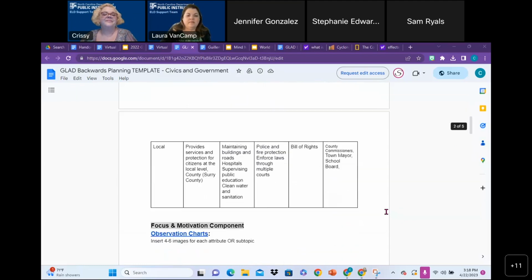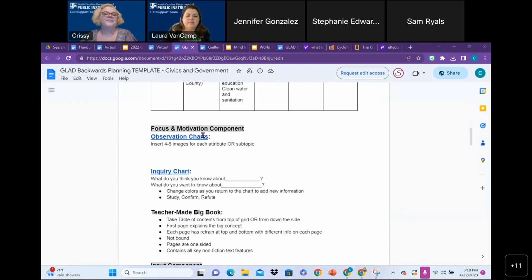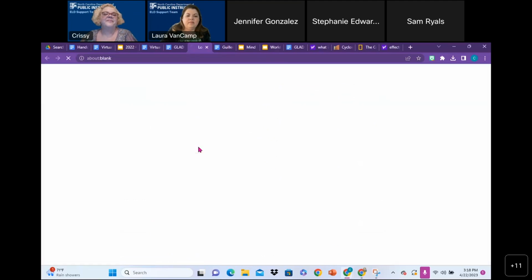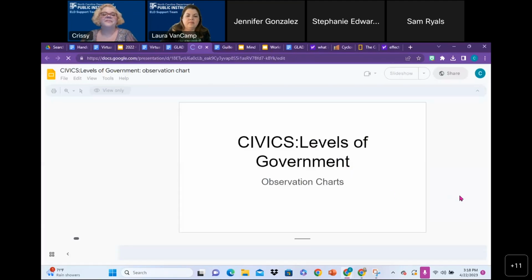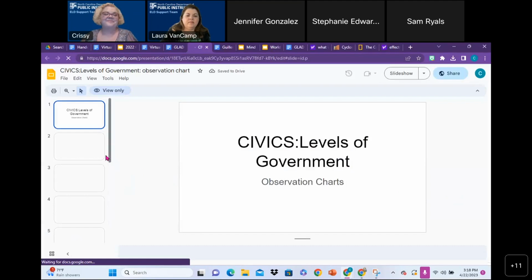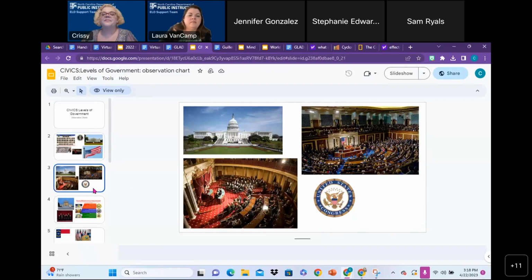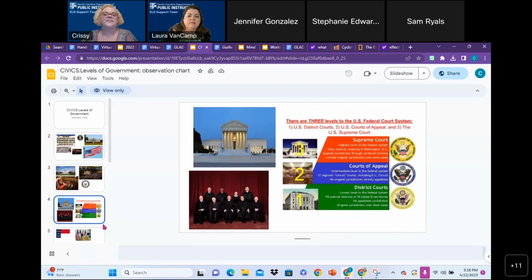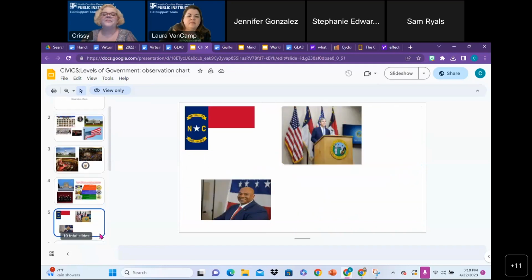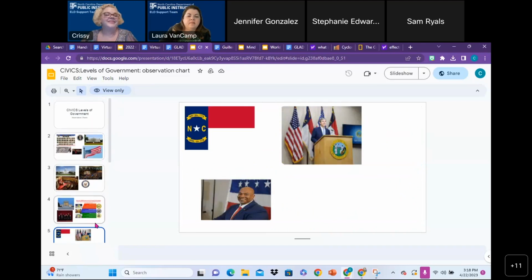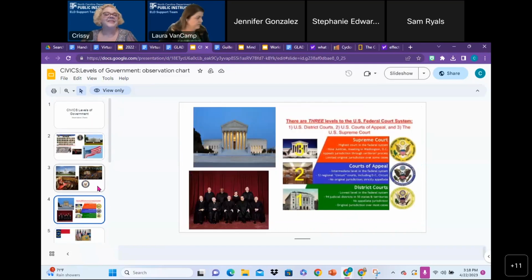And if you scroll on down and click on observation chart, I linked the observation chart. And I did a slide for each level because each level has different branches. So I did one for each branch on the observation charts for federal, state, and local, on the judicial, executive, and legislative branch.